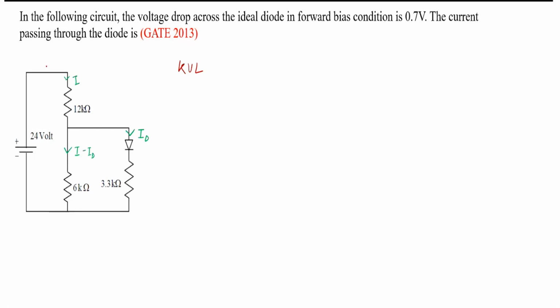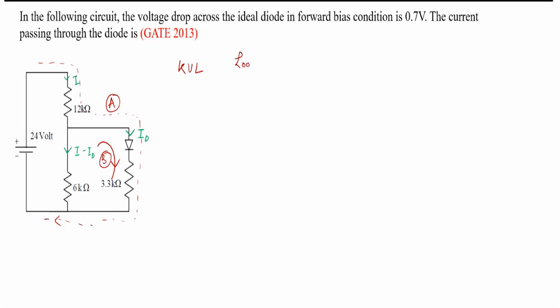One loop, you can take it like this. You can take this loop, the outer one. And another one, you can take this loop. So I'll call this one A and this one B. Now we have two loops, loop A and loop B.